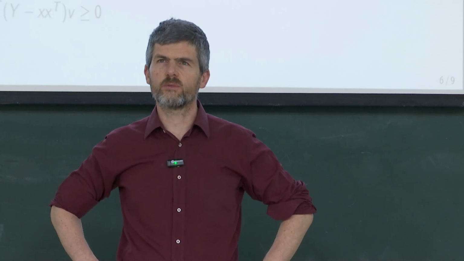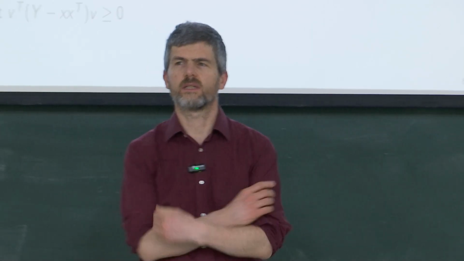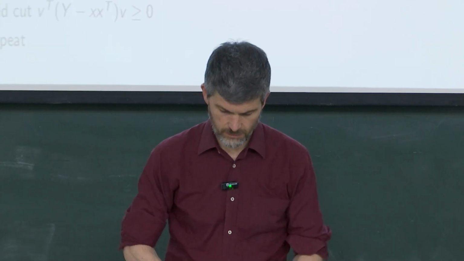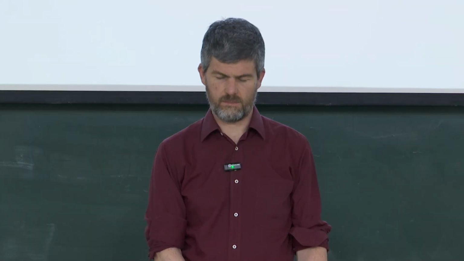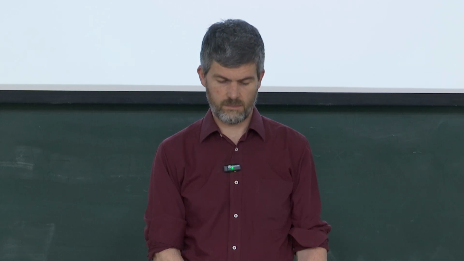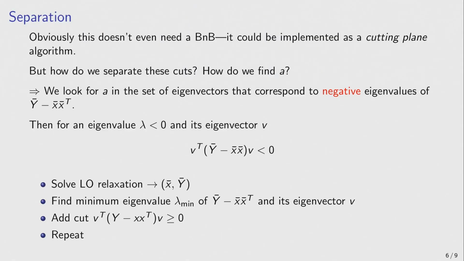I don't understand why you want to introduce another variable. How would you model it? No, you're right, sorry. This was a compact form, and I didn't want to write the Schur complement.